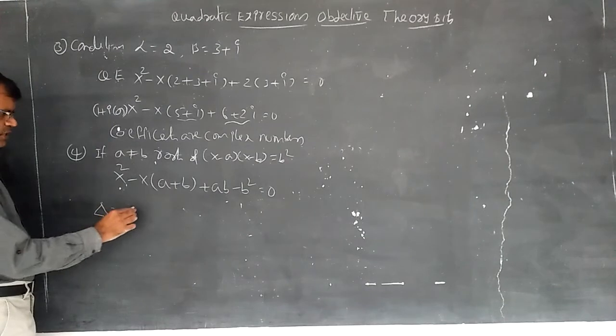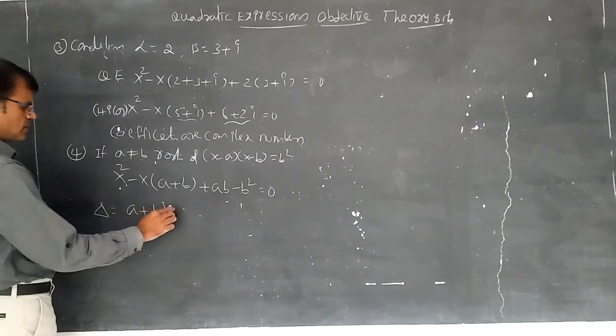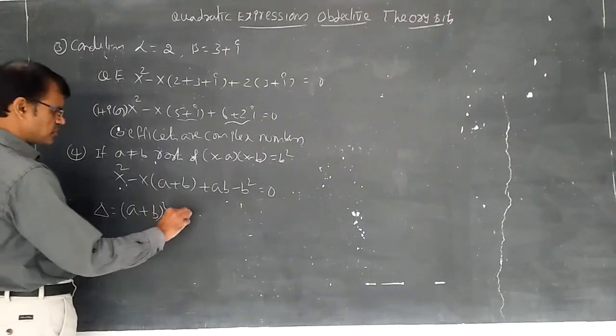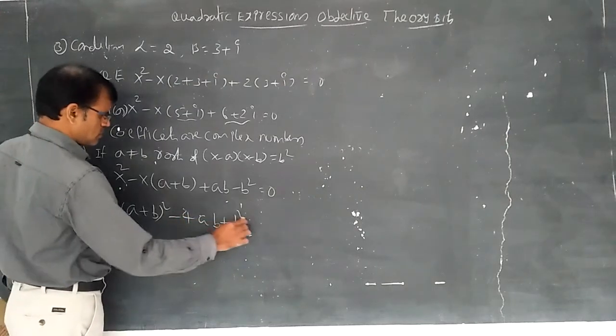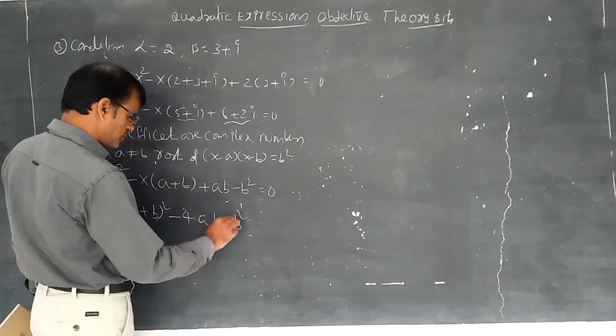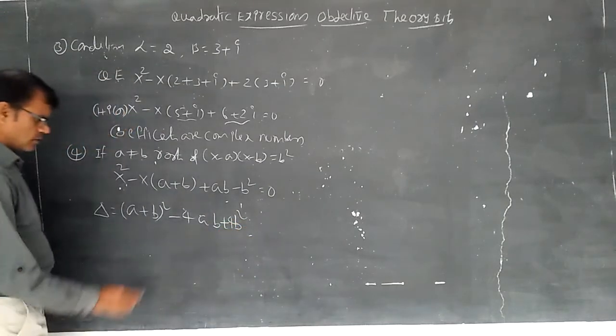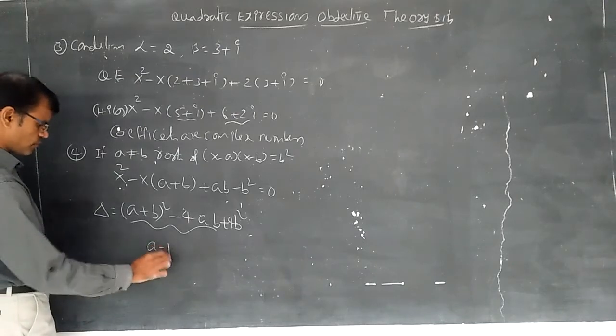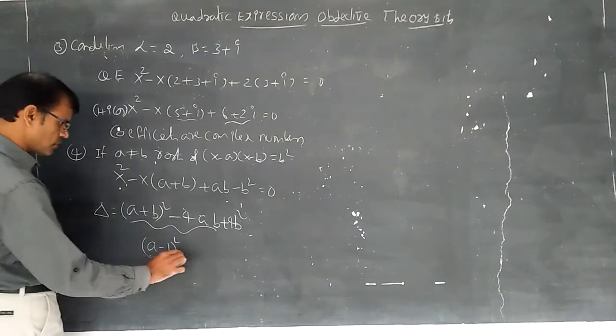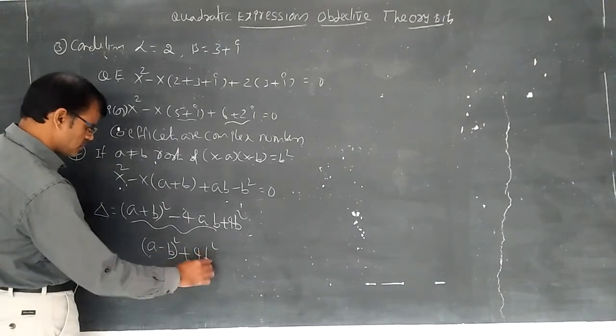You can consider delta. I think we have done this in IB. Delta is (A plus B) whole square minus 4 into (AB minus B square), which is plus 4B square. Use the formula: (A plus B) whole square minus 4AB is (A minus B) whole square, plus 4B square.